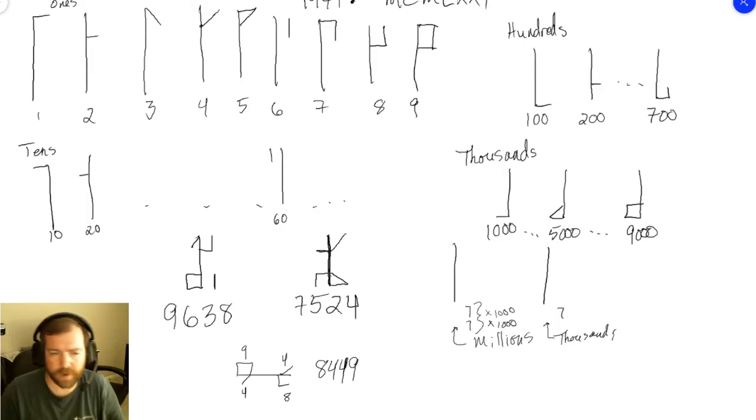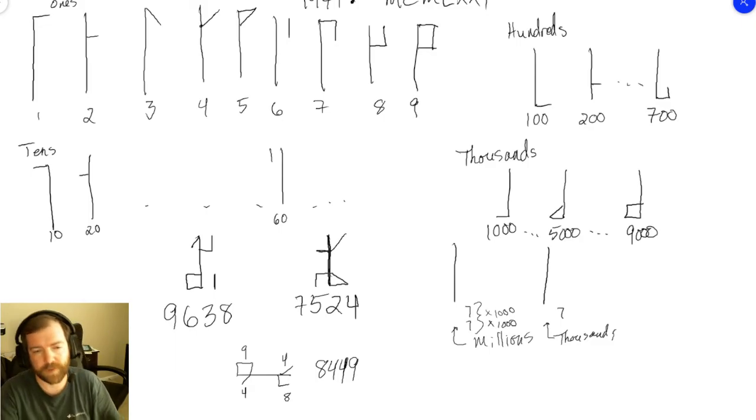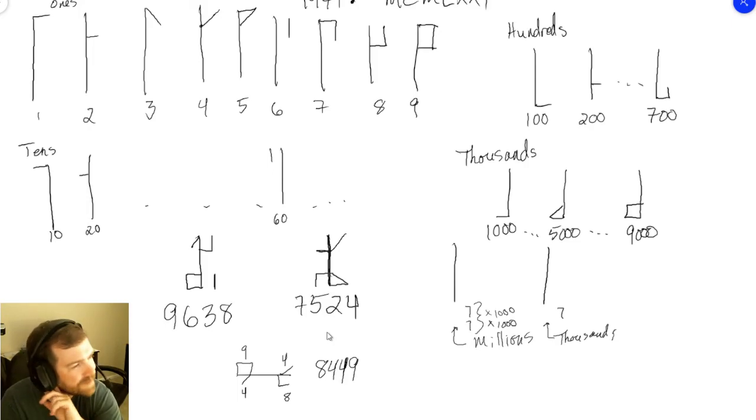Okay. According to the source I'm using here. Again, Wikipedia, not super great, but whatever. It fits most of the time. And again, good starting place to get other sources from. So yeah, 8, 4, 4, 9. You read this kind of from right to left and in sort of an N shape, a backwards N.